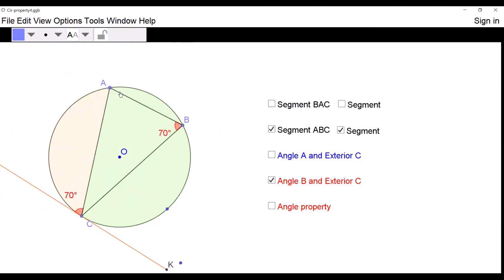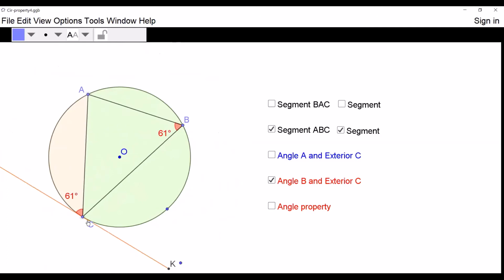The angles in these alternate segments are equal.